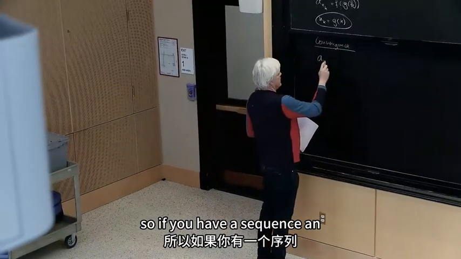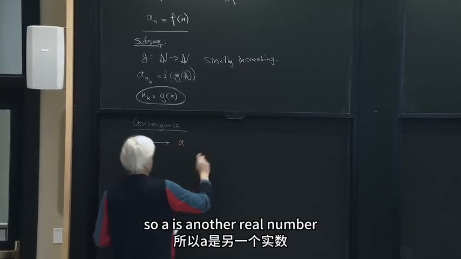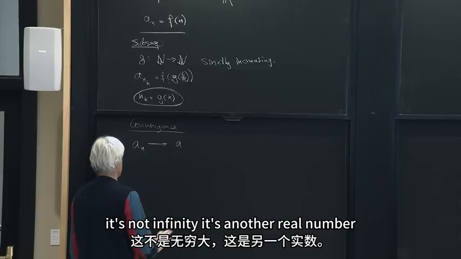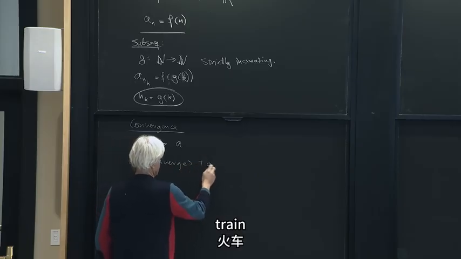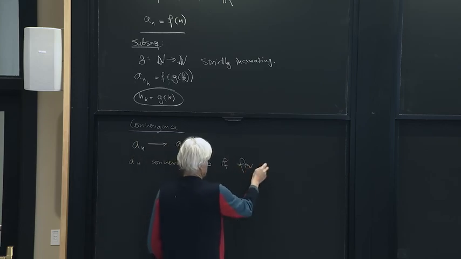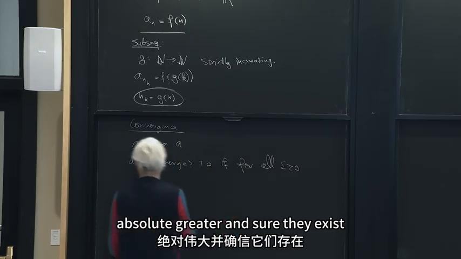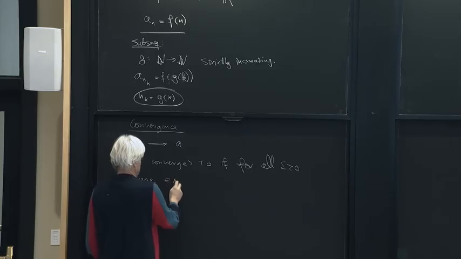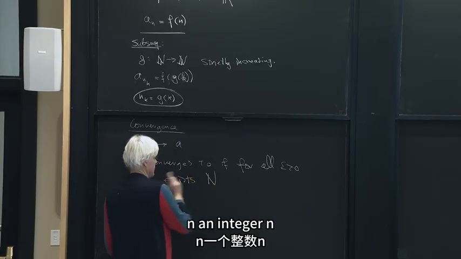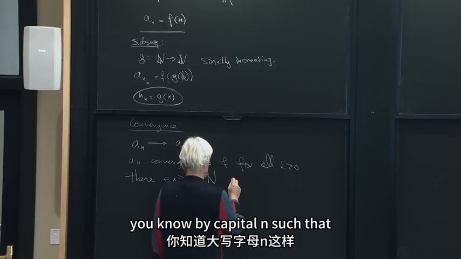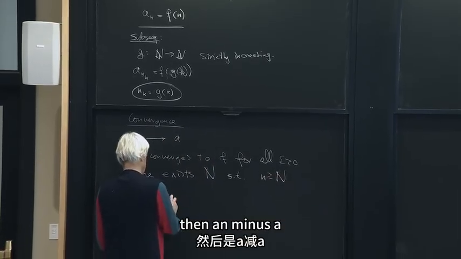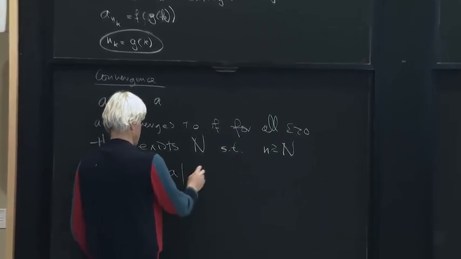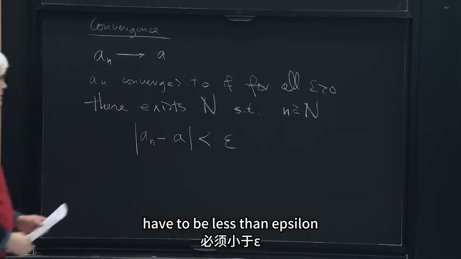If you have a sequence a_n, then you say that it's converging to a, where a is another real number, not infinity. a_n converges to a if for all epsilon greater than 0, there exists an integer capital N such that if little n is bigger or equal to capital N, then |a_n minus a| is less than epsilon.